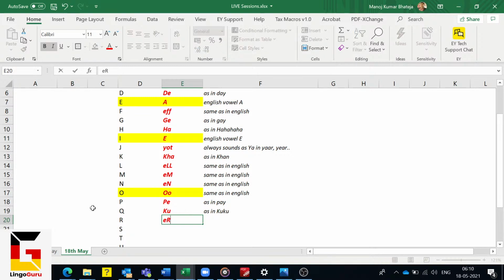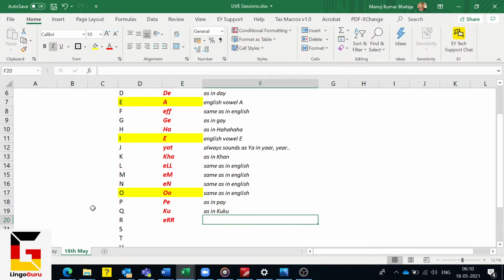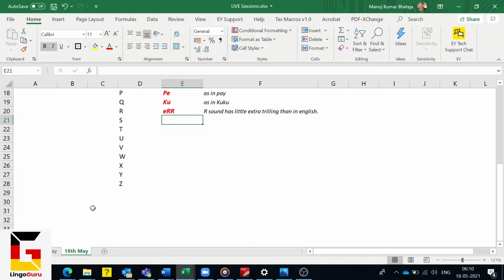This is R. Our R sound has a little extra trilling than in English. In English we call it R. Here we call it R.